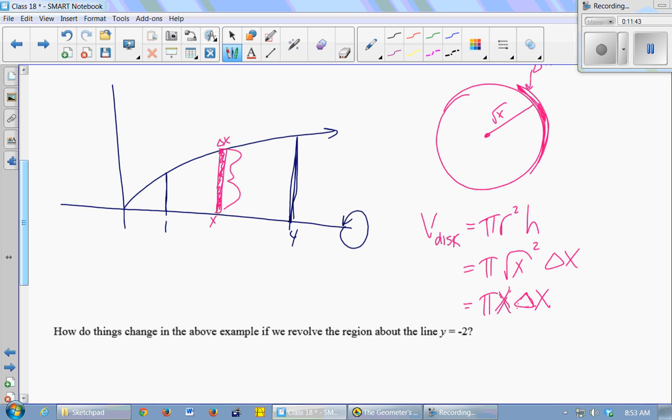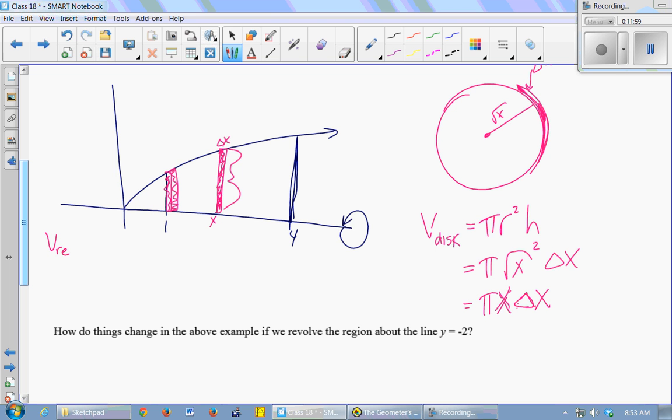So now I'm going to add up a whole bunch of slices. I'm going to do this at many, many x values. I'm going to have a little rectangle, and I'm going to use that to create a disk, add them all up, and get an approximation for the volume of this region.